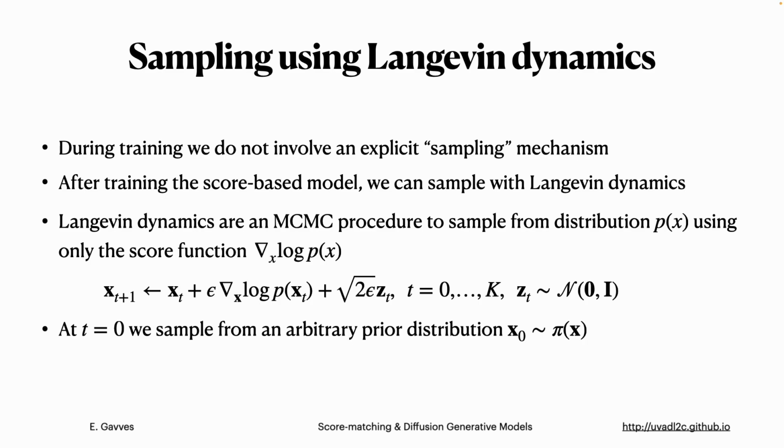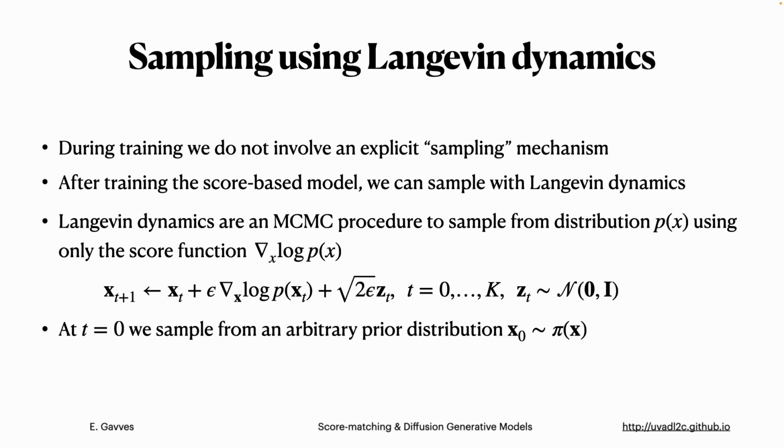We must determine a procedure for sampling. As we saw for RBMs, one way was MCMC and Gibbs sampling. Another way is exploiting Langevin dynamics, which is another MCMC-like procedure.